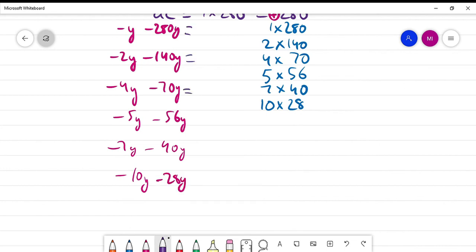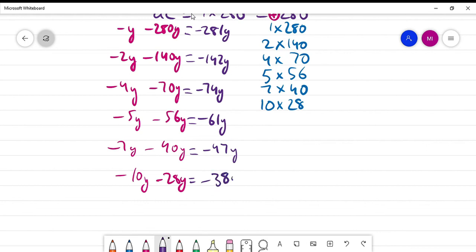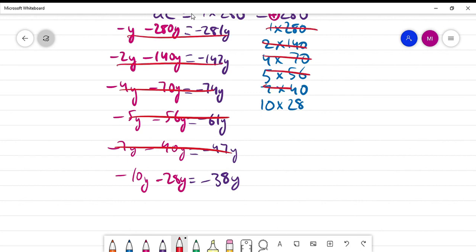So negative 281y, negative 142y, negative 74y, negative 61y, negative 47y, and negative 38y. Since we need negative 38y, we're going to be using the last pair of factors we found.